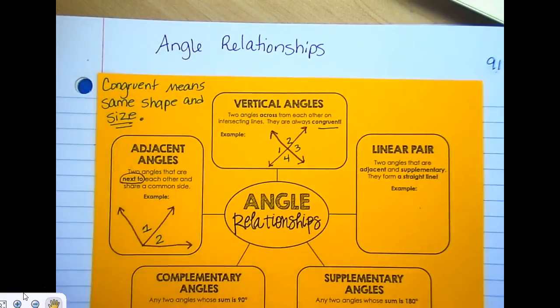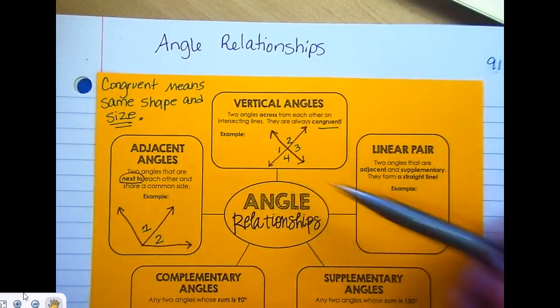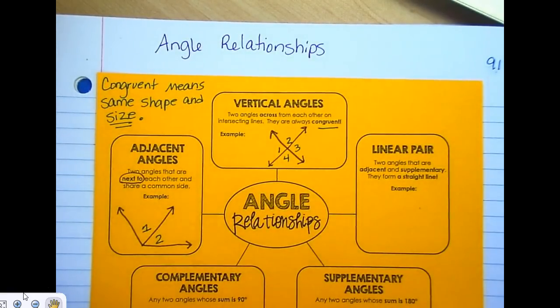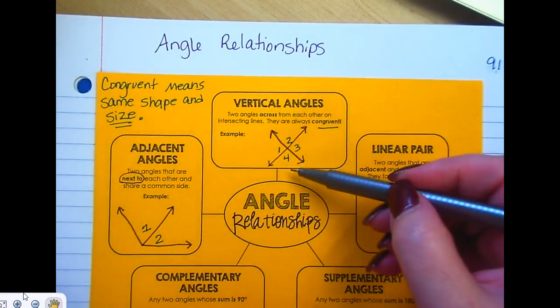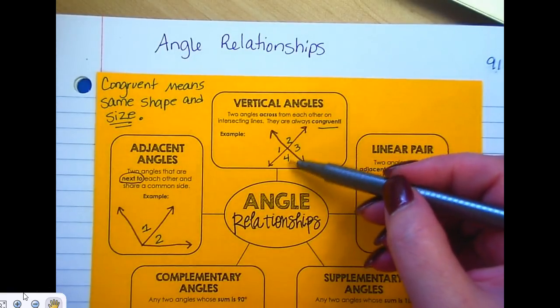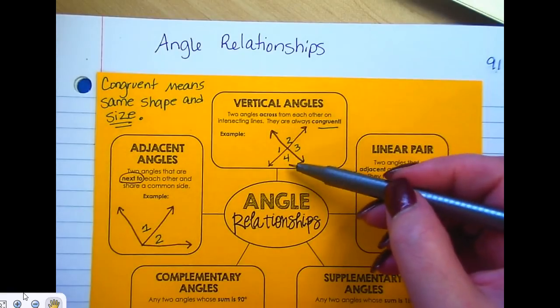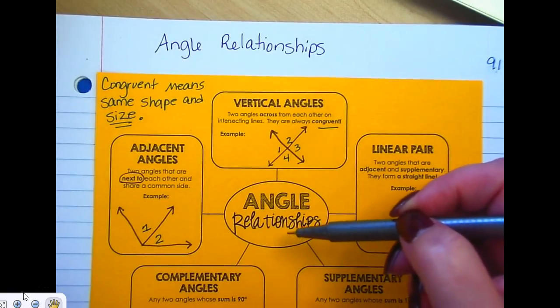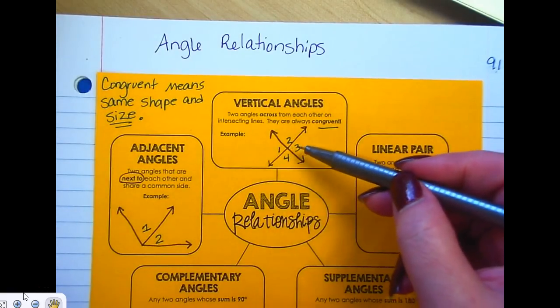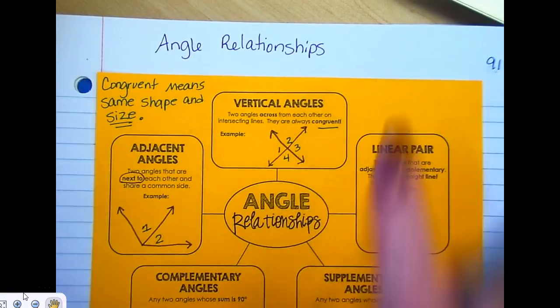So vertical angles are across from each other. So we have two sets of vertical angles here. Angle 2 and angle 4, they are vertical. And what's the other set of vertical angles? 1 and 3. So let's make a note over here.